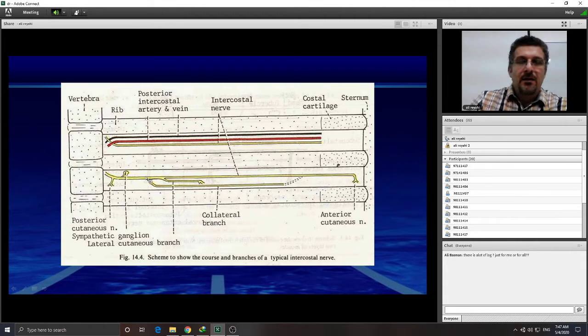Close to the costal angle, we've got the collateral branch. At the mid-axillary line, we've got a lateral cutaneous branch. The main trunk of the intercostal nerve goes to the anterior part of the intercostal space, and finally gives off the anterior cutaneous branch. In the previous picture, you saw the anterior cutaneous branch is divided into lateral branches and medial branches.